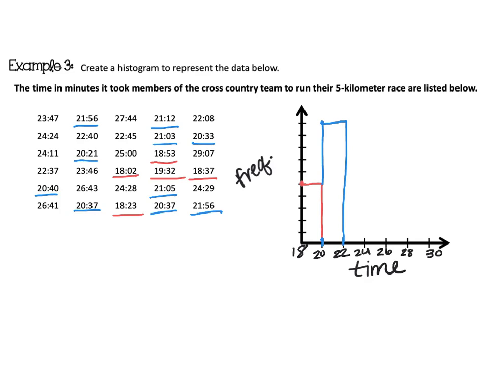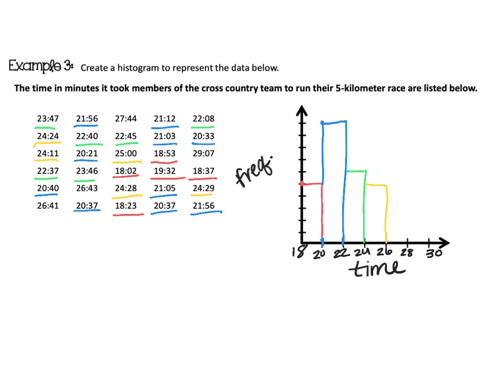Between 22 and 24, 1, 2, 3, 4, 5, 6. Looks like 6 data points. Then between 24 and 26, 1, 2, 3, 4, 5 data points.